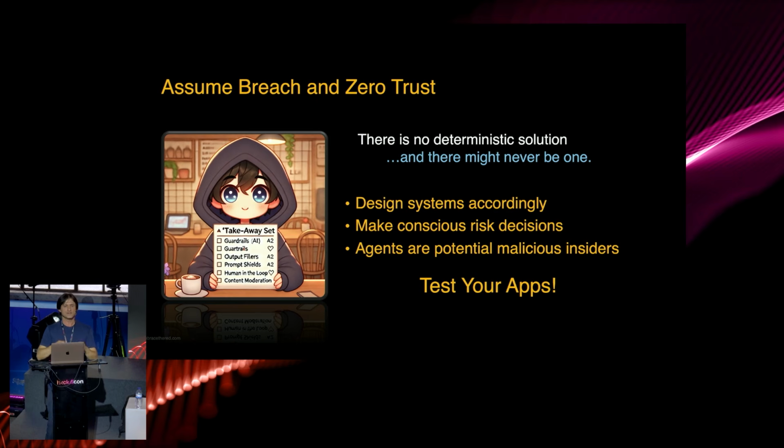If the tokenizer contains these tokens or characters that it can emit, at one point in time, it might emit those characters. Think about Murphy's Law. When something can go bad, it will eventually, at one point in the future, go bad. So this is why we need to have systems designed accordingly, make sure to have proper threat modeling, and make good risk decisions about how you handle the output.